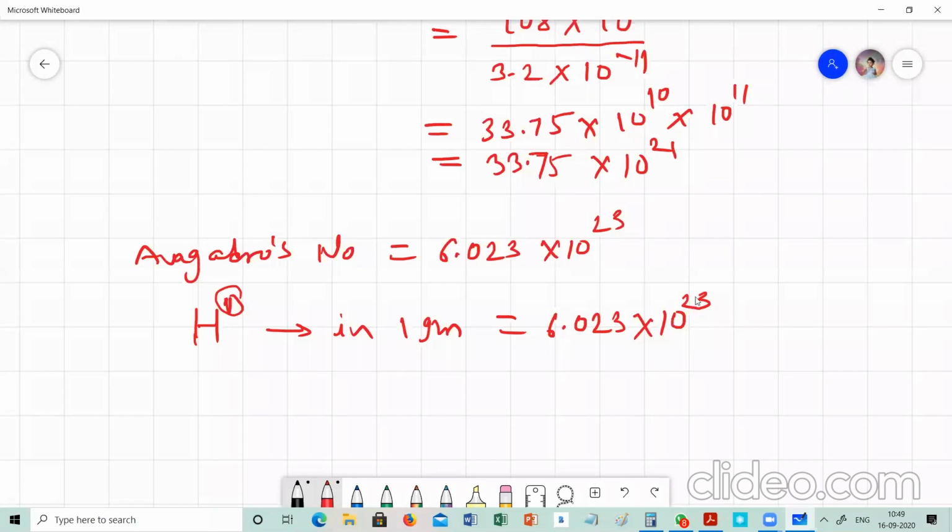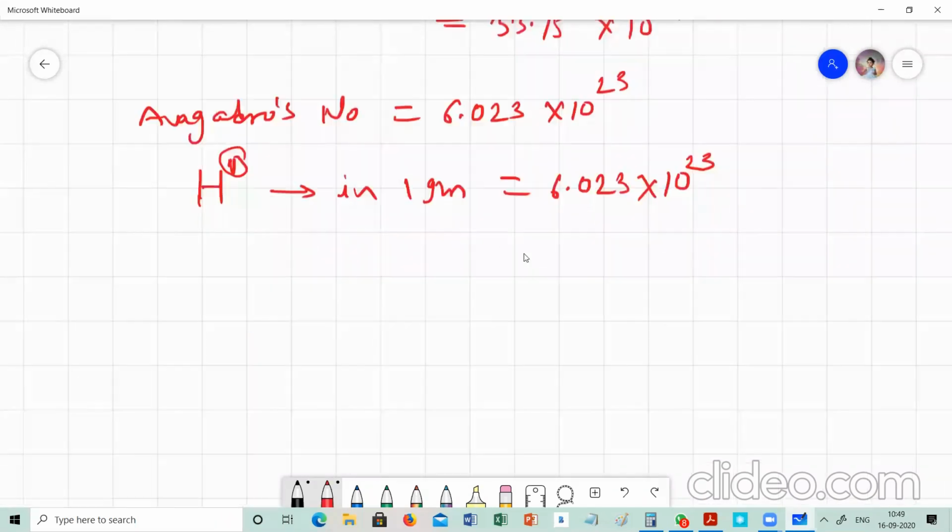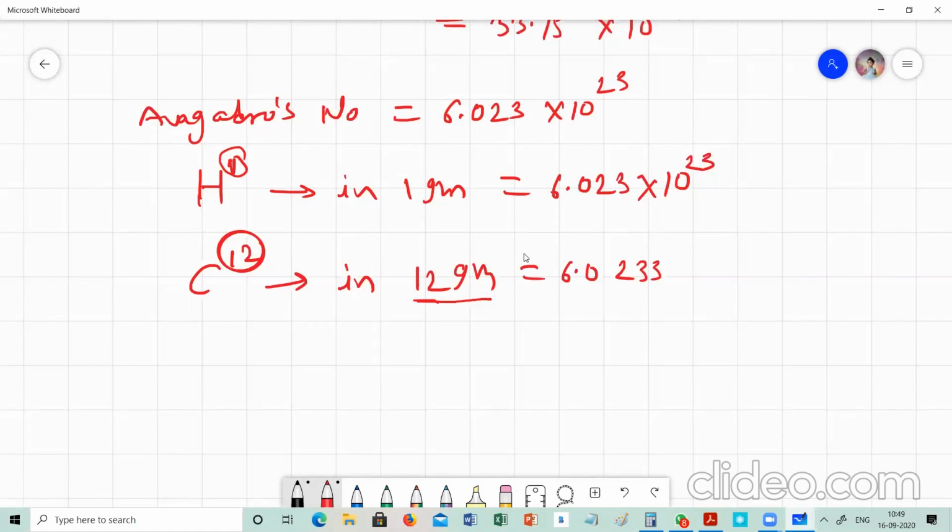Similarly, carbon has mass number equal to 12, which means in 12 gram, 6.023 into 10 raised to 23 atoms of carbon are there.